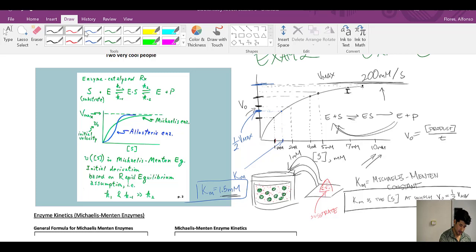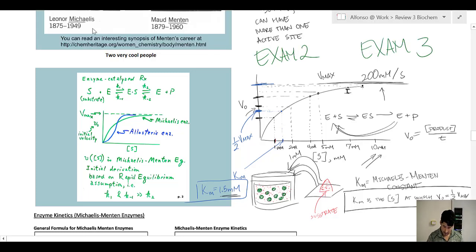And let's find our Km. We know that the Km is this value right here. So when the substrate concentration is 1.5 millimolar, so don't even think about Km right now, just look at this number right here. We know that this is 1.5. When the substrate concentration, right, because that's the x-axis, is 1.5 millimolar, what is our initial velocity? 1/2 of the Vmax.